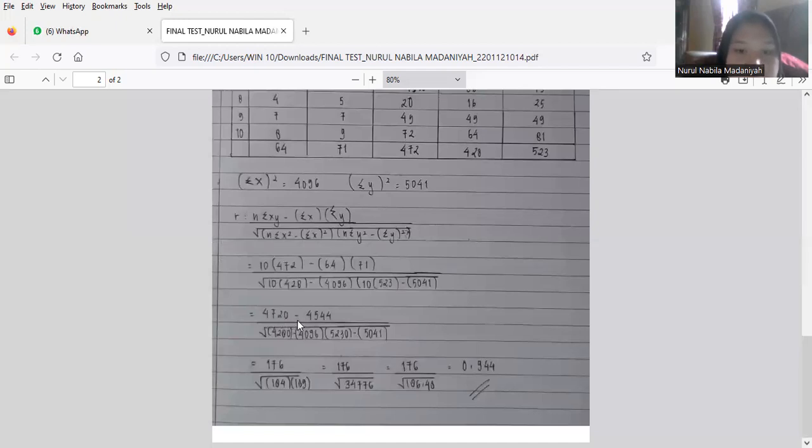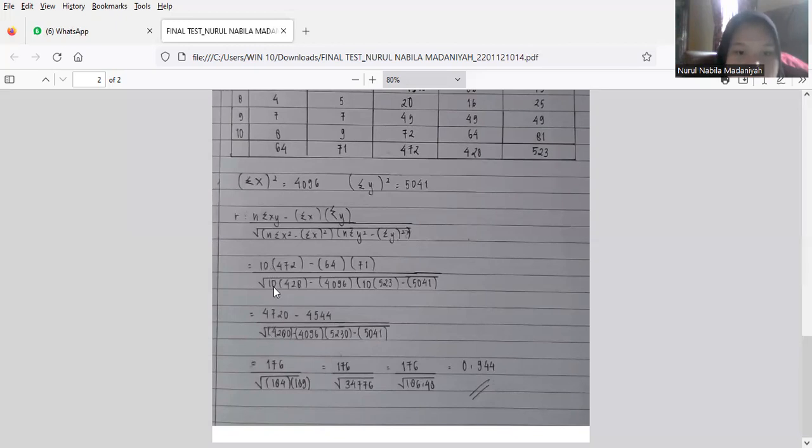And then 4720 minus 4544. How can I get 4720? I times it. 472 times 10, I get this. And for 4544, I get 64 times 71.